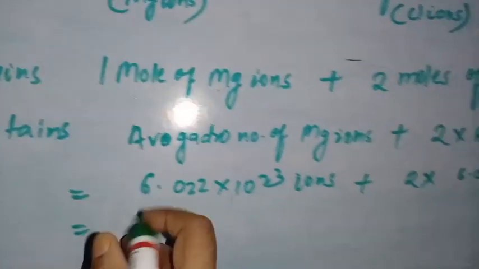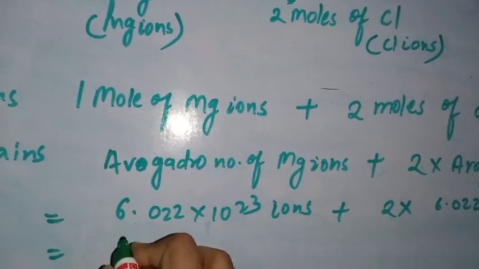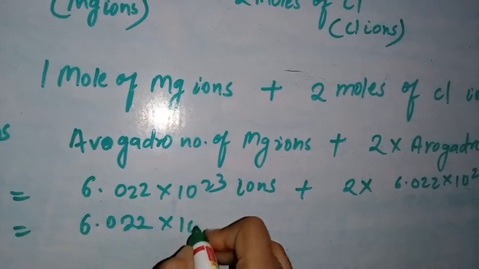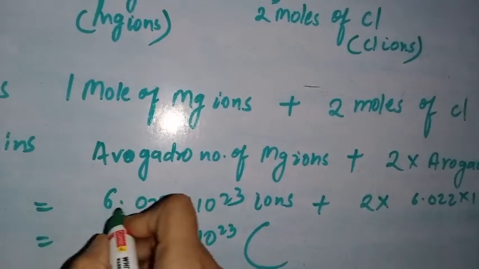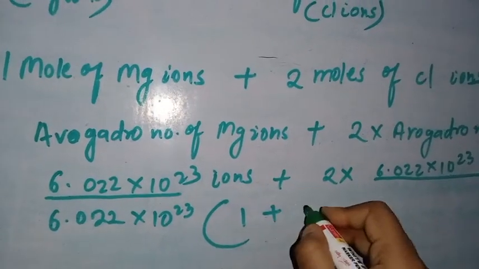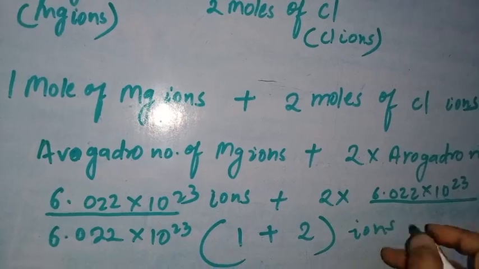So here we can just take common 6.022 into 10 to power 23 to solve. We'll take common this and this, so we will get 1 plus 2 ions.